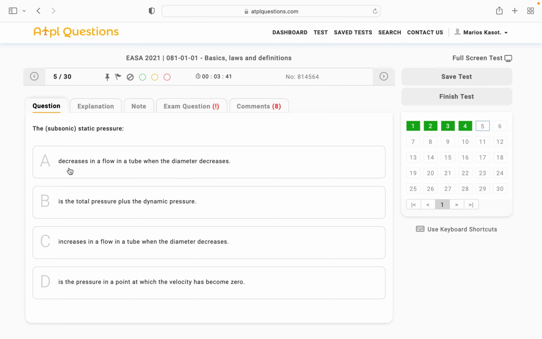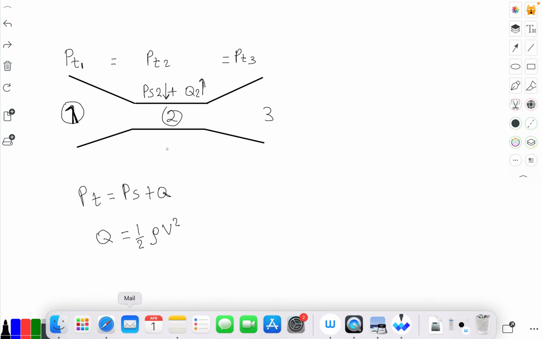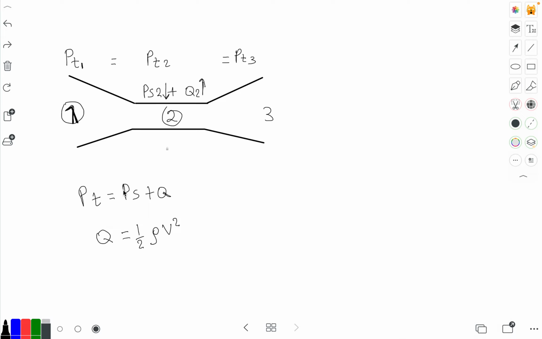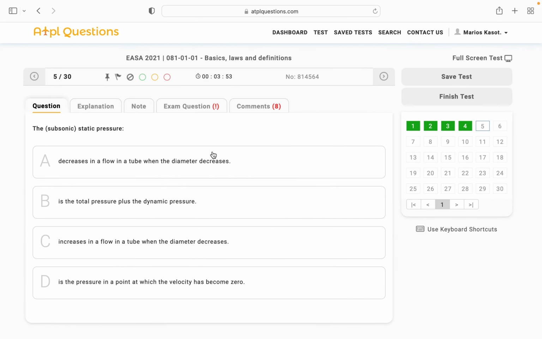So static pressure decreases in a flow in a tube when the diameter decreases, as we show here, because the mass flow at point 1 must be the same at point 2 and at point 3, and so the energies, the total pressure. So the correct answer is A.